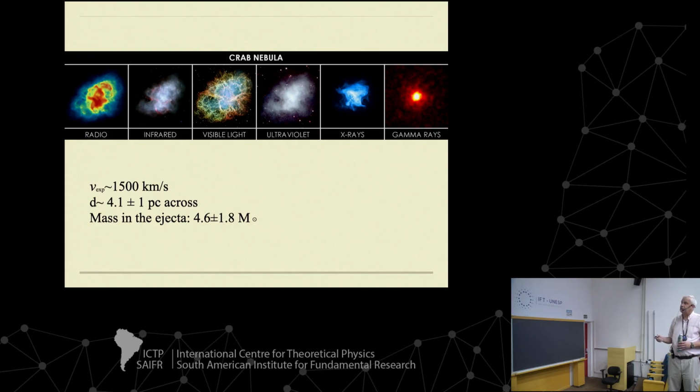And the size of the source, the major axis of the source, is of the order of 4 parsecs. So it still is quite compact because it's very young and is still at the end of the free expansion phase. The mass of the ejecta is quite large, of the order of almost 5 solar masses. So you see all that mass in these filaments that form the ejecta, that are very clear in the optical.